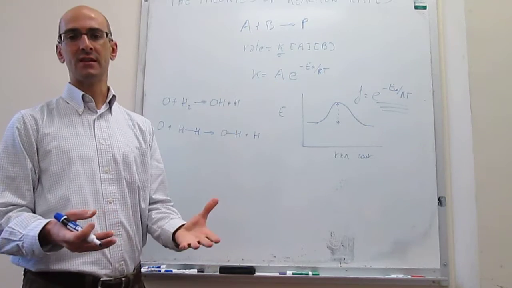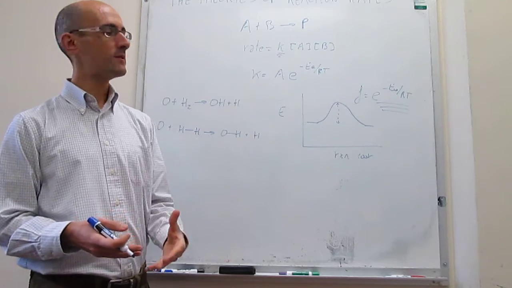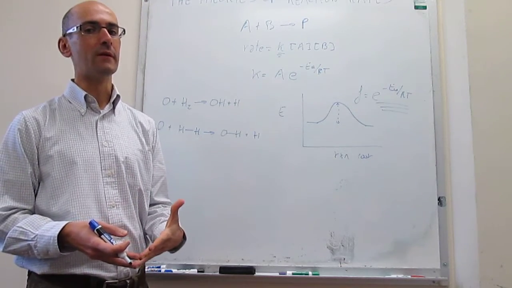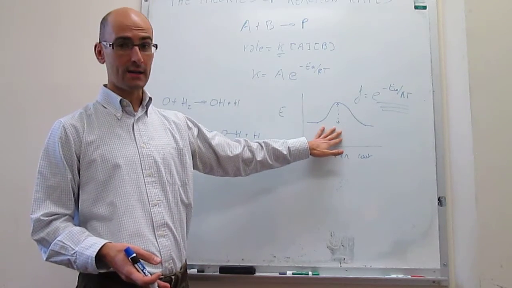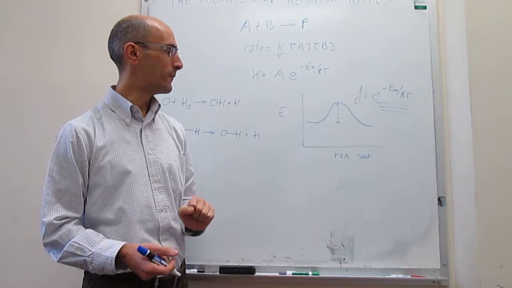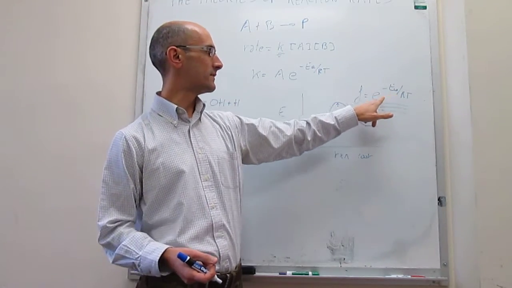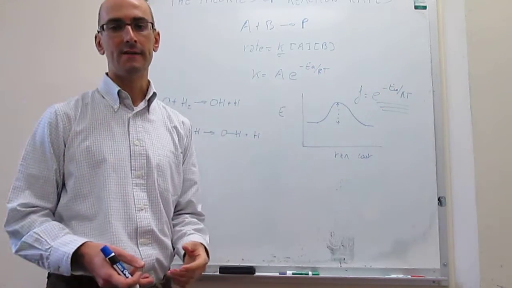This essentially finishes our discussion of collision theory. It's a nice theory, and we're not going to see it in detail. The most important thing about it is that it introduces the concept of the energy diagram, and it also justifies the exponential dependence of the rate constant on the activation energy and the temperature.